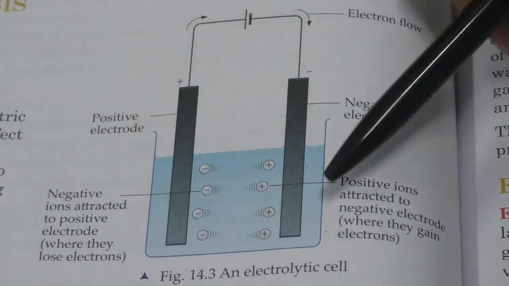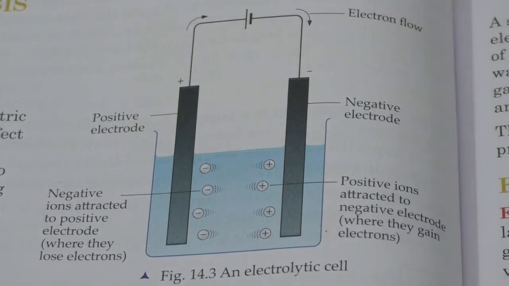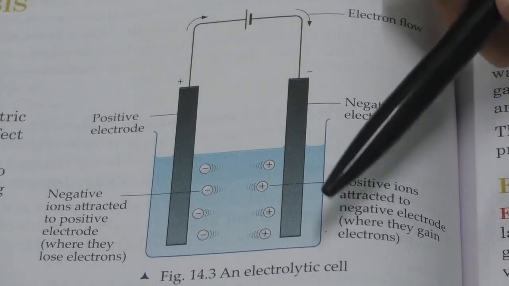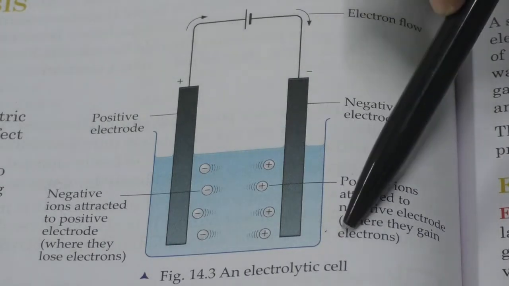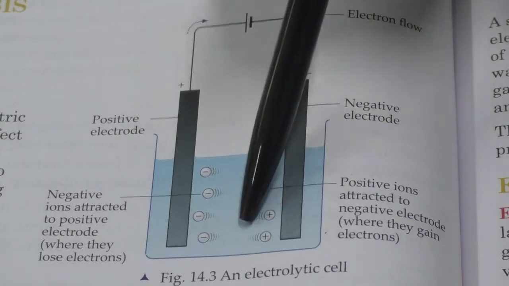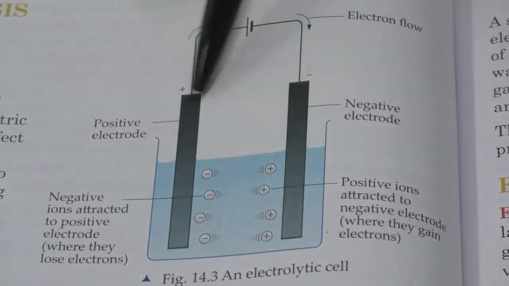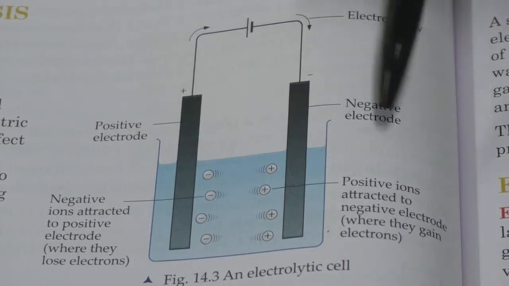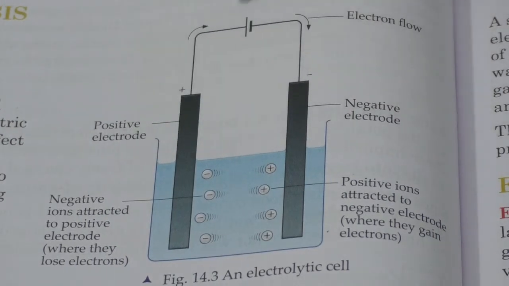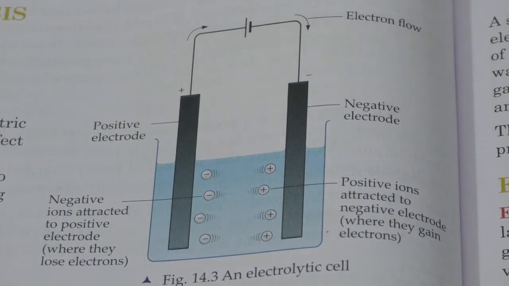Children, this is a sample of a small electrolytic cell which uses the principle of electrolysis. In order to set up an electrolytic cell, we need an electrolyte, which is a liquid conductor. Then two metal rods dipped in it, which we call electrodes, connected to a battery.